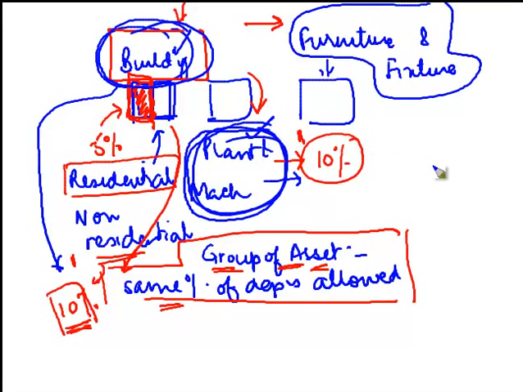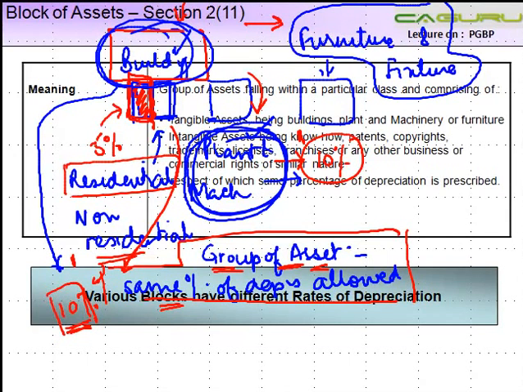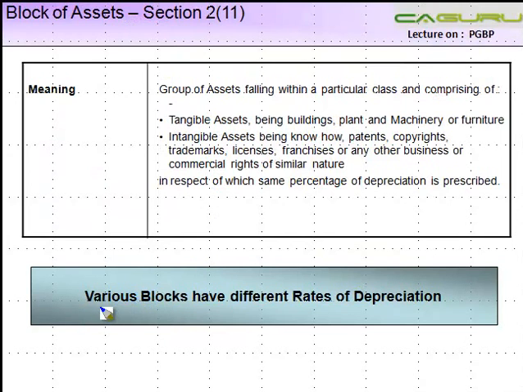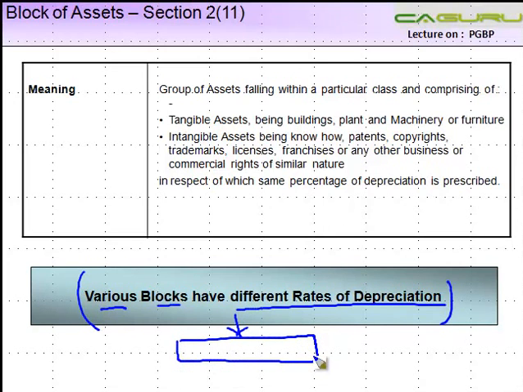So let's say you have plant and machinery at 10% and you have building at 10%. They do not form a block of assets for the purpose of the Income Tax Act. Right? Various blocks have different rates of depreciation. So we'll give you a chart which will list the rate of depreciation on different types of assets. Let us move on to the next slide, please.